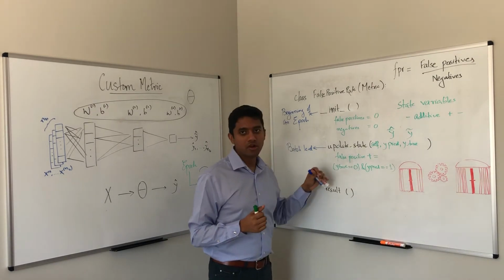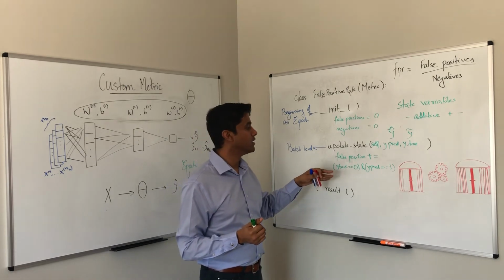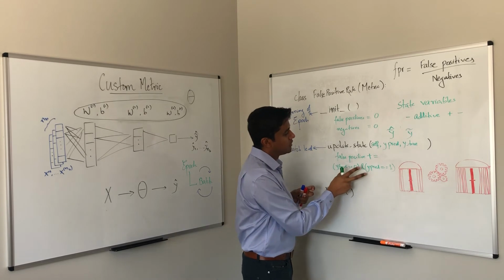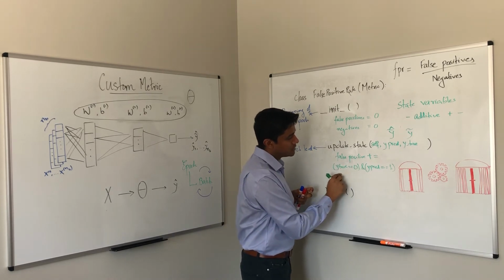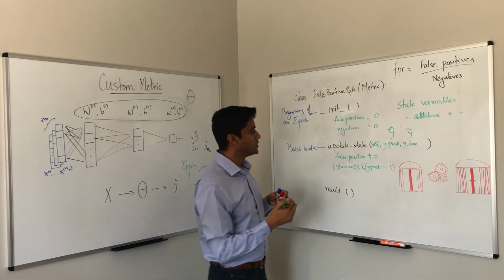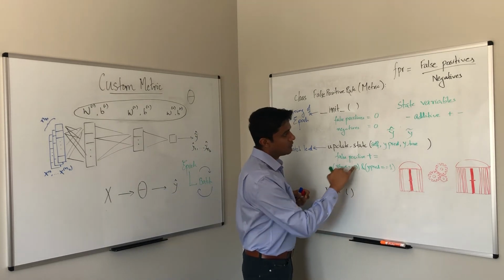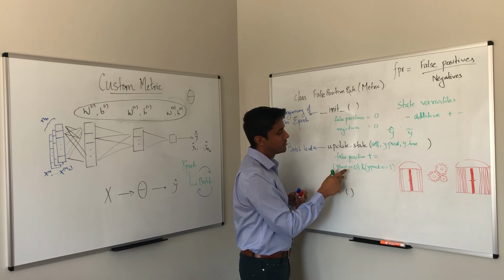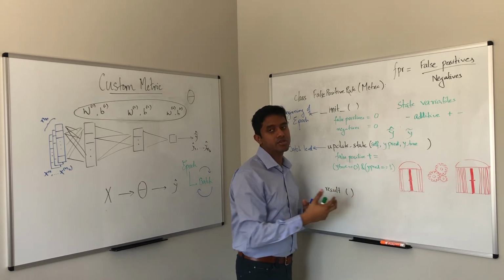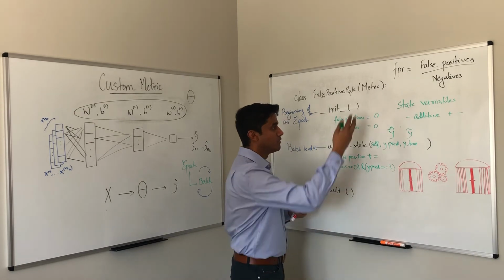So the false positives are incremented here for this batch by adding it to itself with the output of this particular Boolean comparison, which is we are finding the false positive, which means my y true should be 0, while my prediction should be 1. That's by definition of false positives.